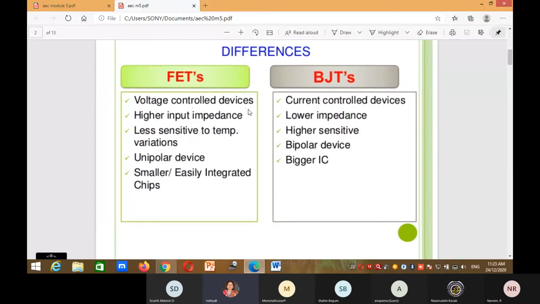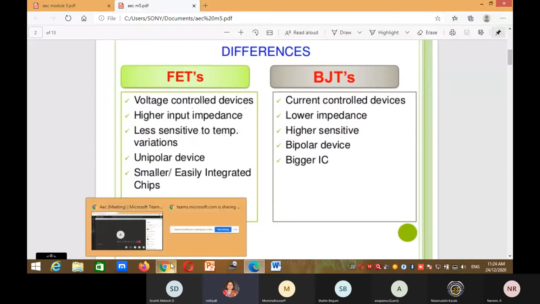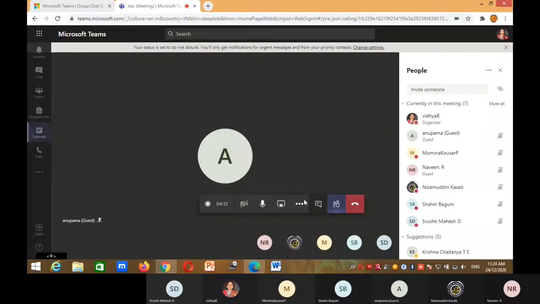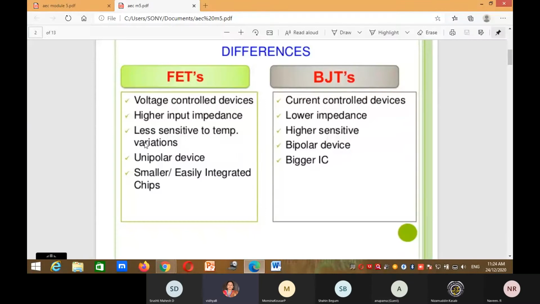FET has higher input impedance, but BJT has lower input impedance. FET is less sensitive to temperature variations, and BJT is more sensitive. FET is a unipolar device, I have already said why, and BJT is a bipolar device.